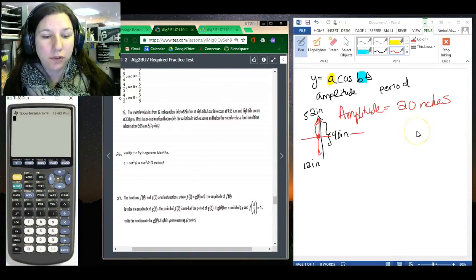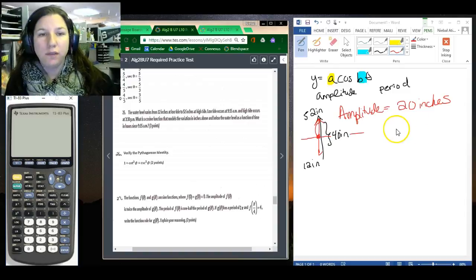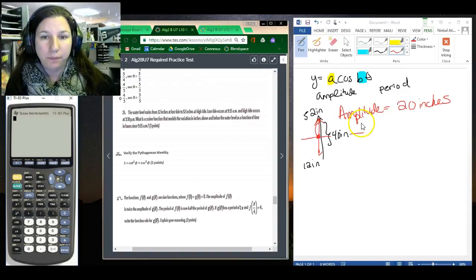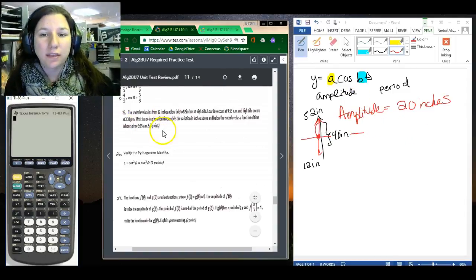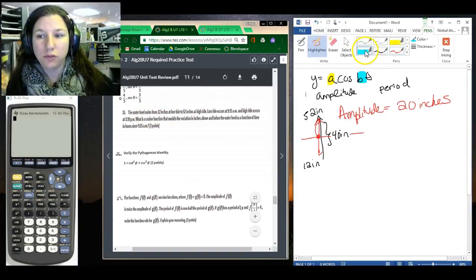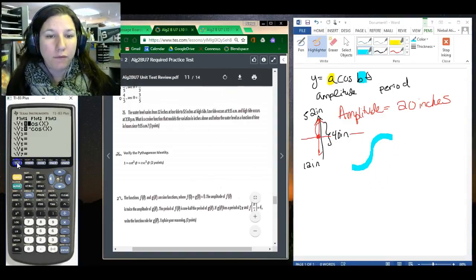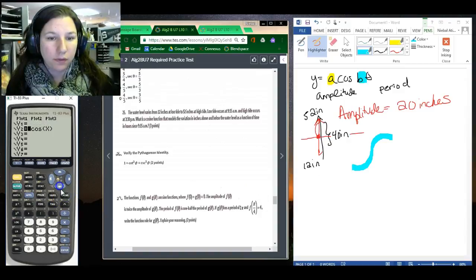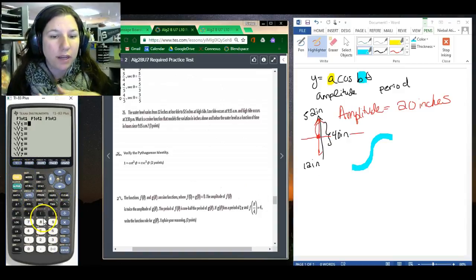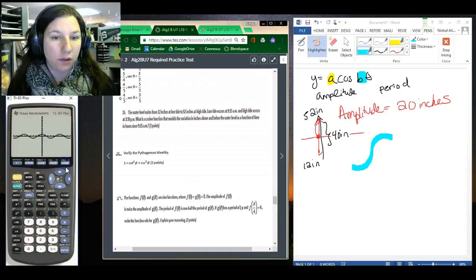Now that I have the amplitude, we need to decide if it should be positive or negative. Okay, so in this example, the water level is varying from low tide to high tide. So they describe it low tide up to high tide. If we look at our graph, make sure your calculator's in radians. Now if we did a positive 1 cosine theta, what does the graph look like?